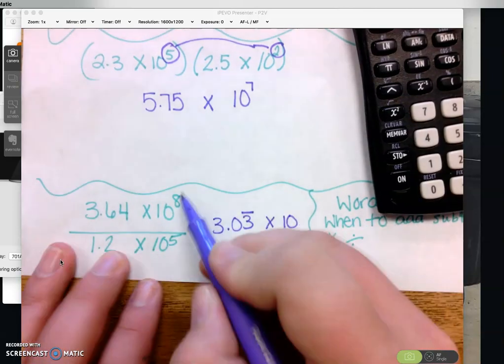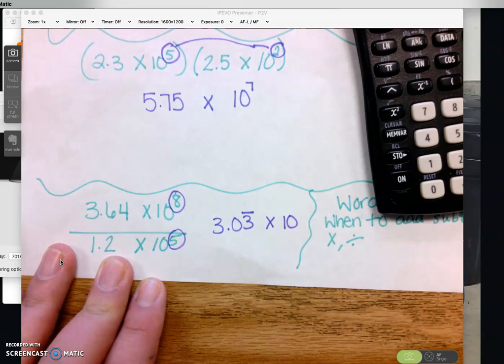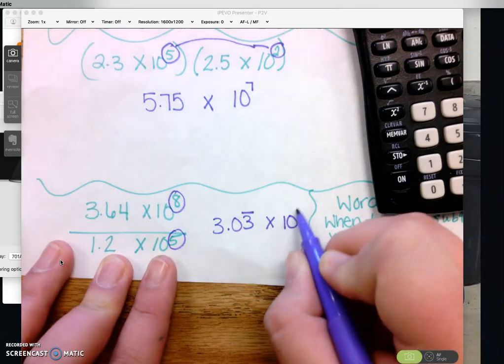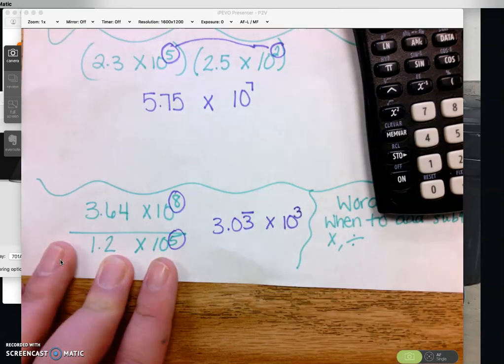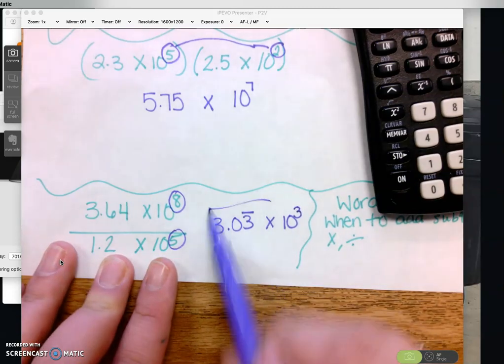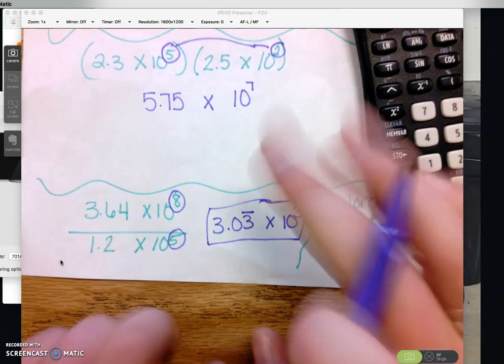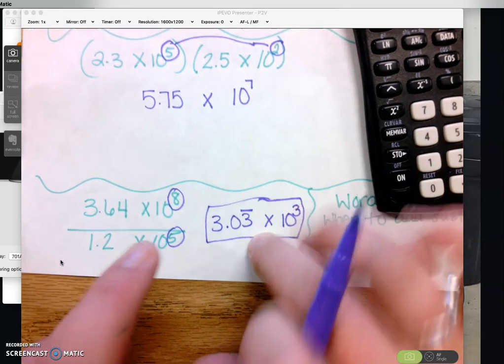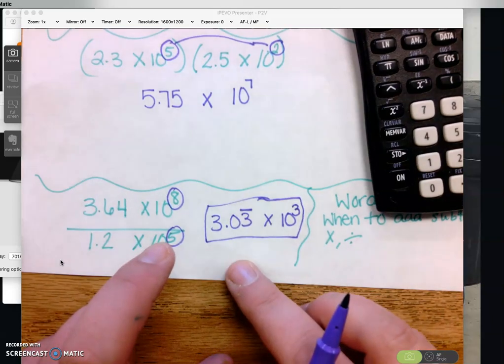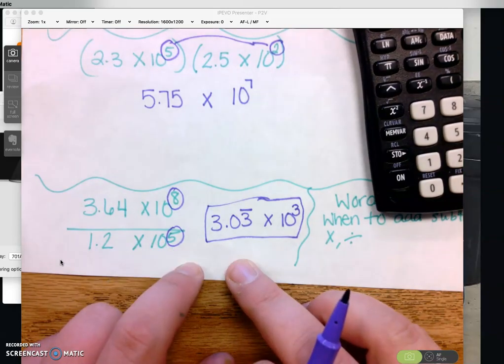What do I do with the 8 and the 5? I subtract them or minus them, yes. 8 minus 5 is? 3. Am I done? I believe on your test, though, one of these, one or the other, will have to be moved. You will have to move the decimal to get it into scientific notation.